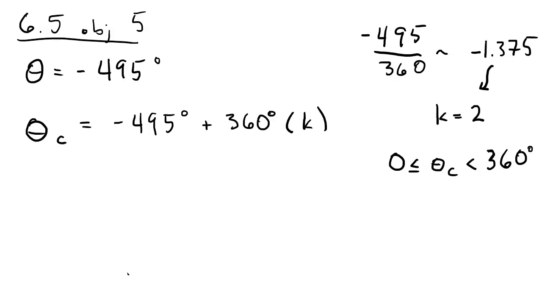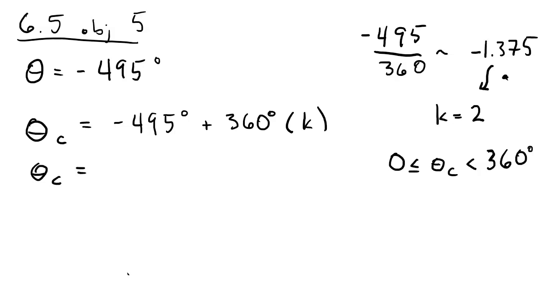So we have to overturn it in order to make it a counterclockwise positive angle. So when we have a negative angle and we do the proportion, we have to make sure to round up k.